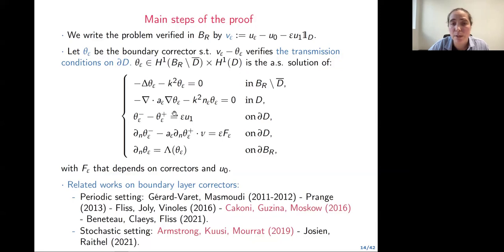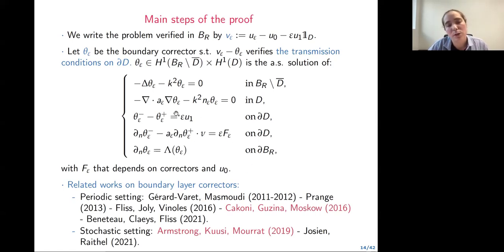So you see it's exactly the same as U epsilon, but you have oscillatory data on the boundary of D. So it's a problem of the same nature, but the source is oscillating quickly like x over epsilon. So it's actually a problem at least as complicated as U epsilon. You have lots of work on those boundary layer correctors in this periodic setting.